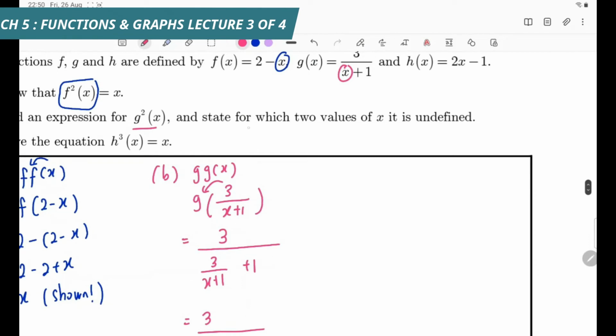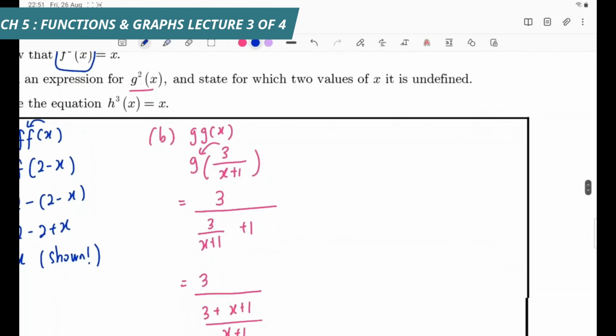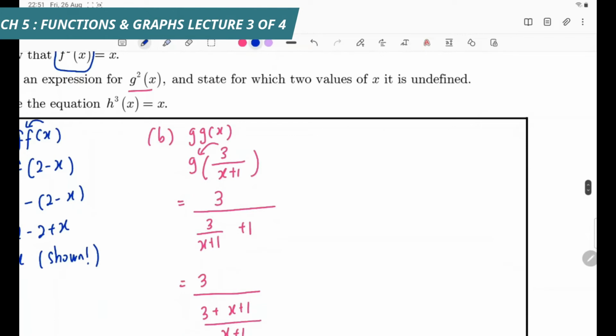And the next, state for which two values of x it is undefined. So the function is going to be undefined when the denominator is equal to 0. So the first value that will make our function undefined is when x plus 1 equal to 0, so x equal to -1 is one of the values.